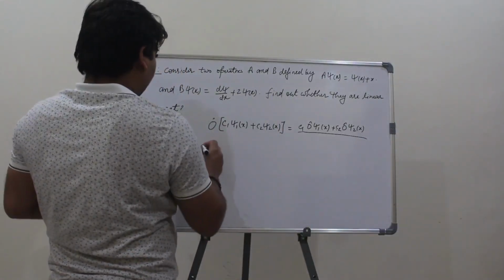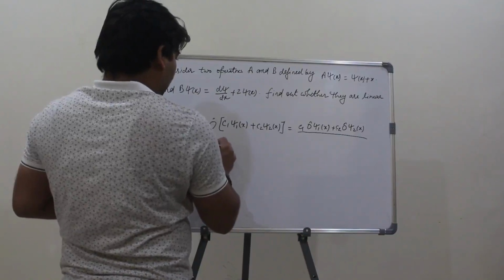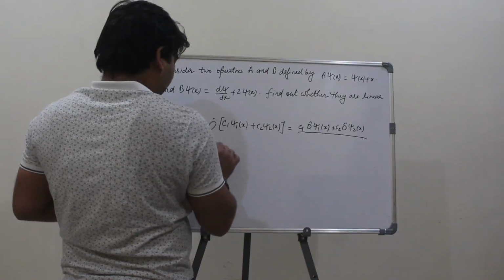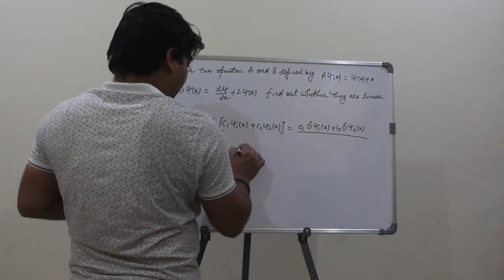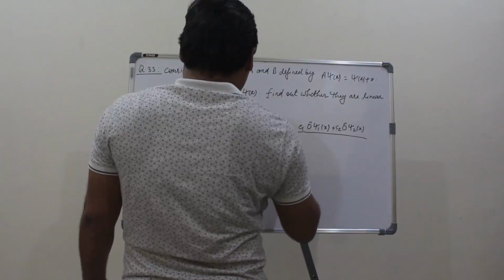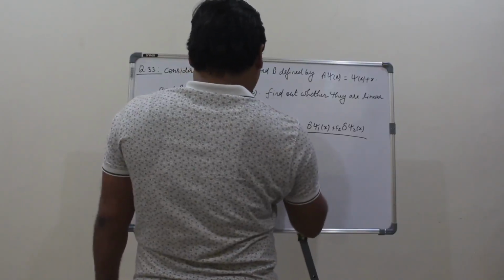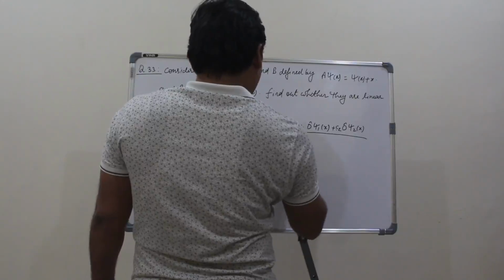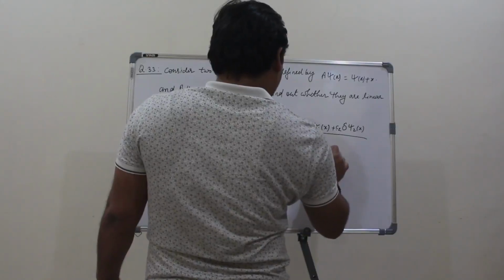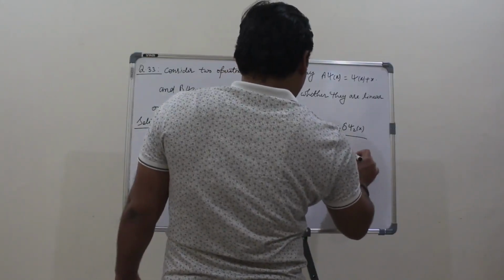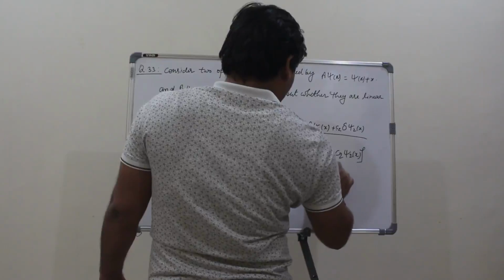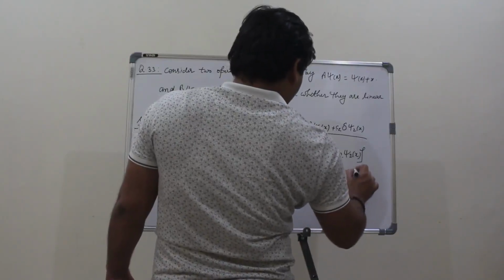So for B, if it is operating, it gives you d/dx of this entire wave function, c1 psi 1(x) plus c2 psi 2(x), plus 2 times c1 psi 1(x) plus c2 psi 2(x).